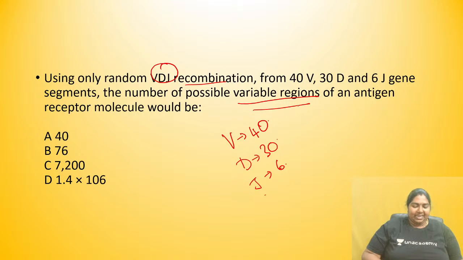A very simple numerical. This is a random one. So what will be the variable region number? It is none other than 7200.